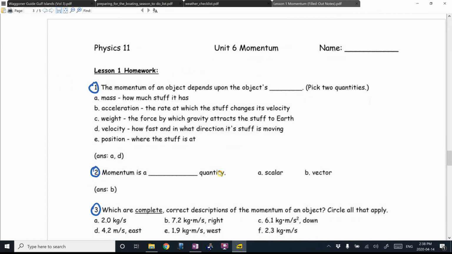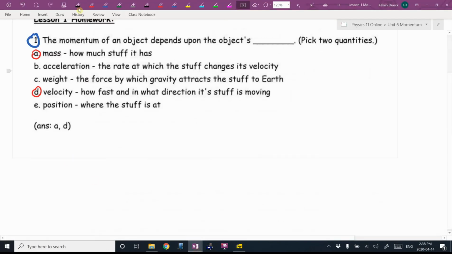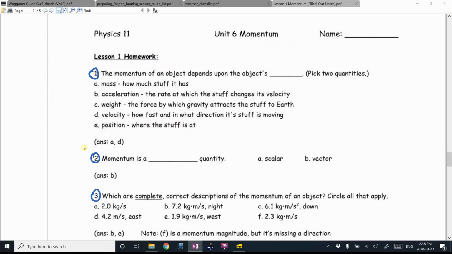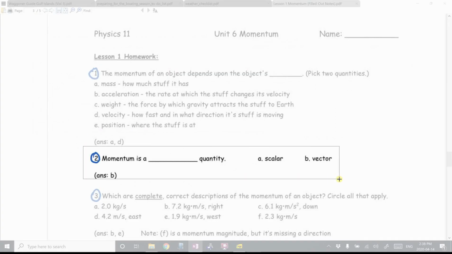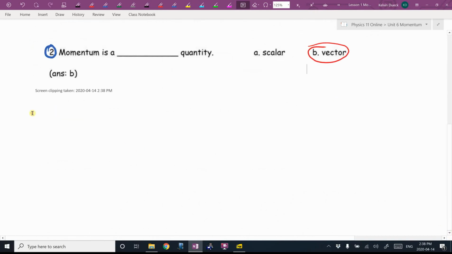Number two, momentum is definitely a vector quantity. It is most definitely a vector quantity. Why does that make a big difference?